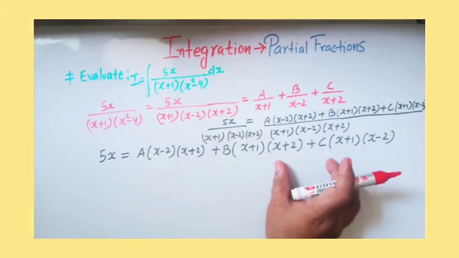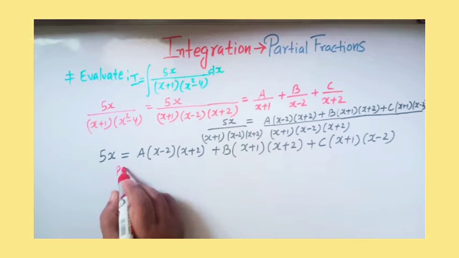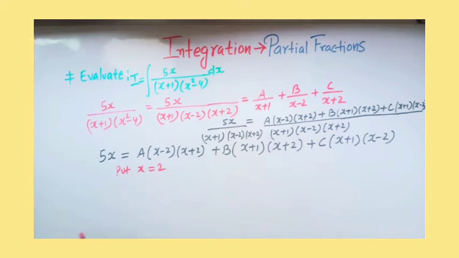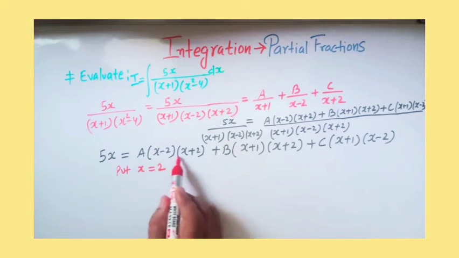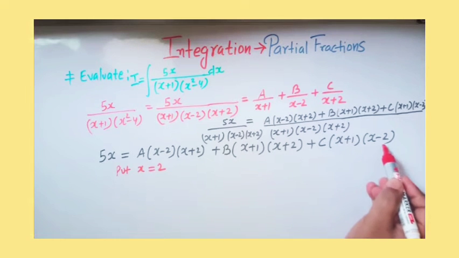So if we take x equal to 2, then we see that this term becomes 0 and this term becomes 0.